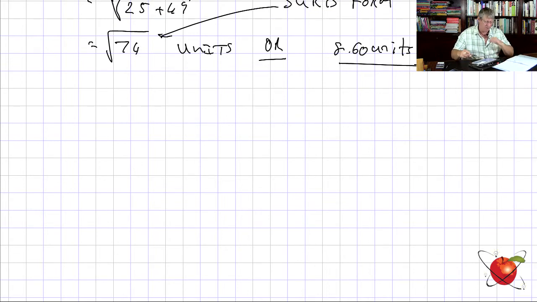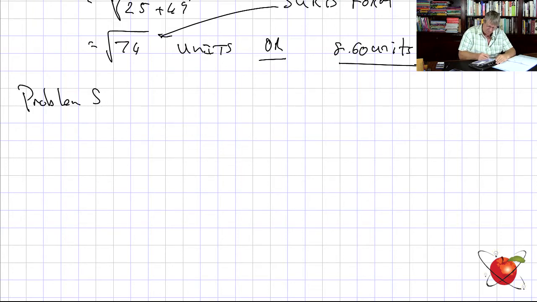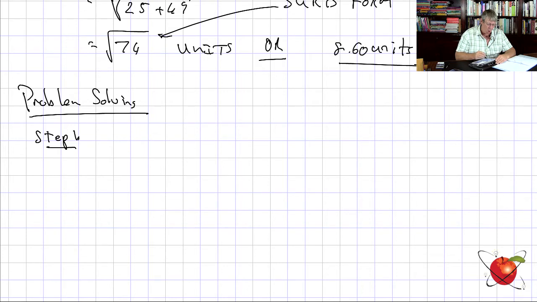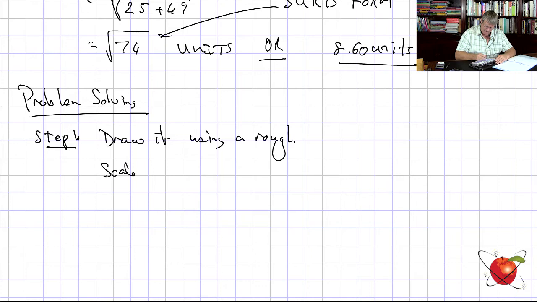How do we approach the problem? First of all, step 1. This is how we solve problem solving in analytical geometry. Step 1, always draw it. Draw it using a rough scale.